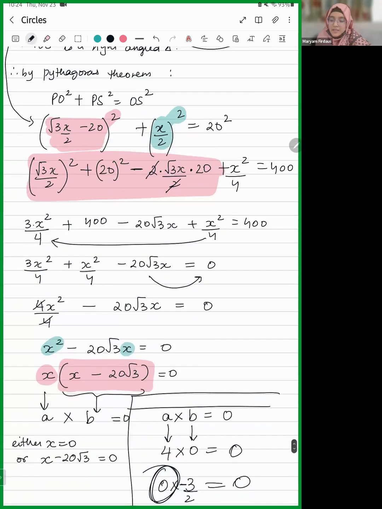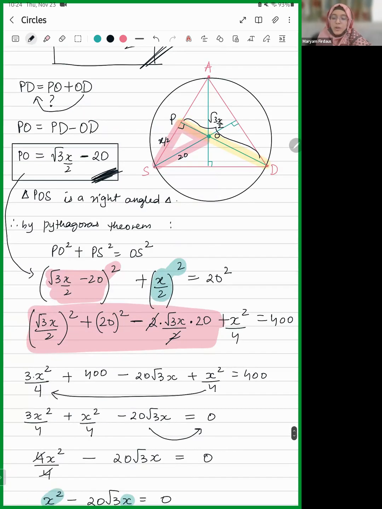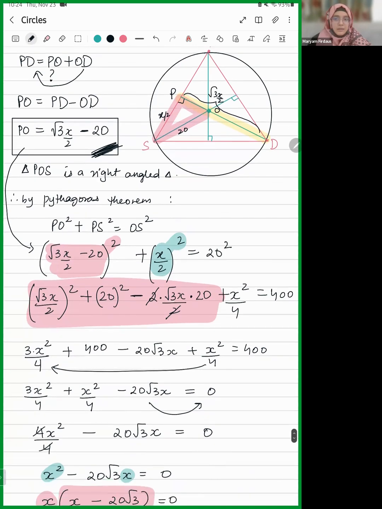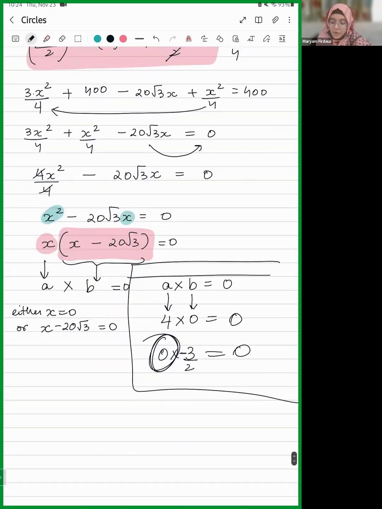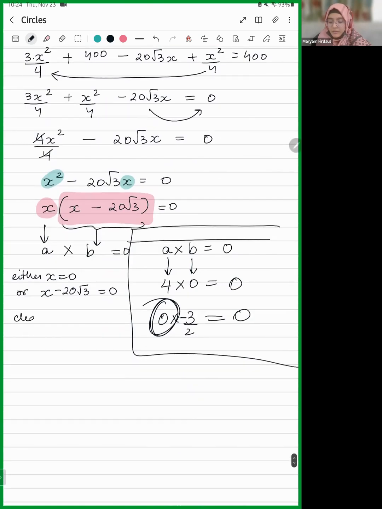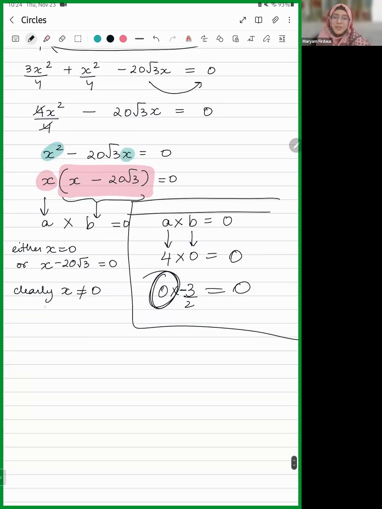But we can see over here that x cannot be 0, right? Because we took x as this. This is the distance x, the distance between those three boys. So a distance cannot be 0. So clearly x is not equal to 0, because if it was 0, then they would all be sitting on top of each other or something.